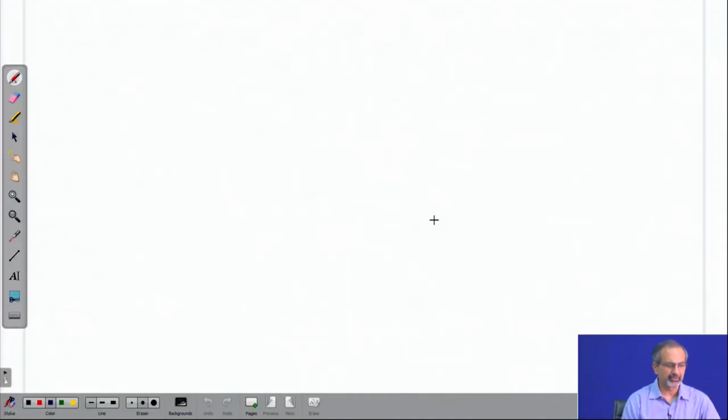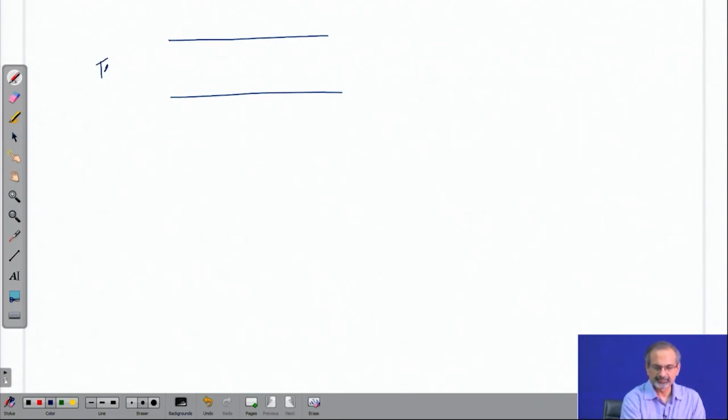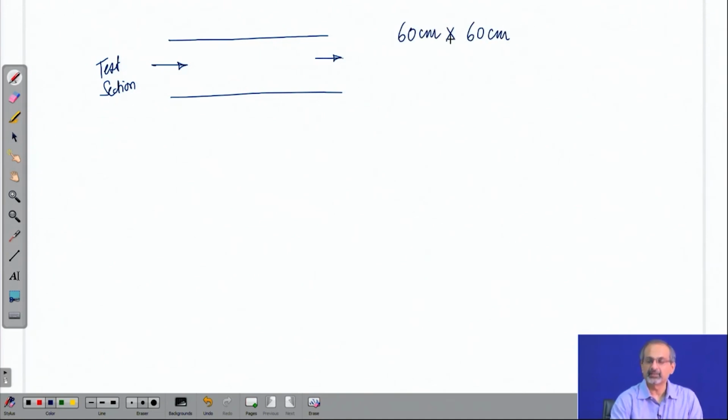To begin the calculations, we will look at the test section. Let us say the flow is moving from left to right along the test section, and we will assume some dimensions for it. Let us say it is a 60 centimeter by 60 centimeter square test section.